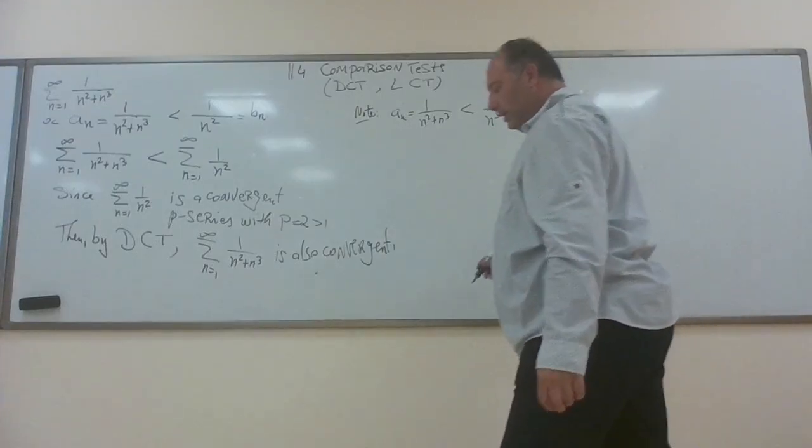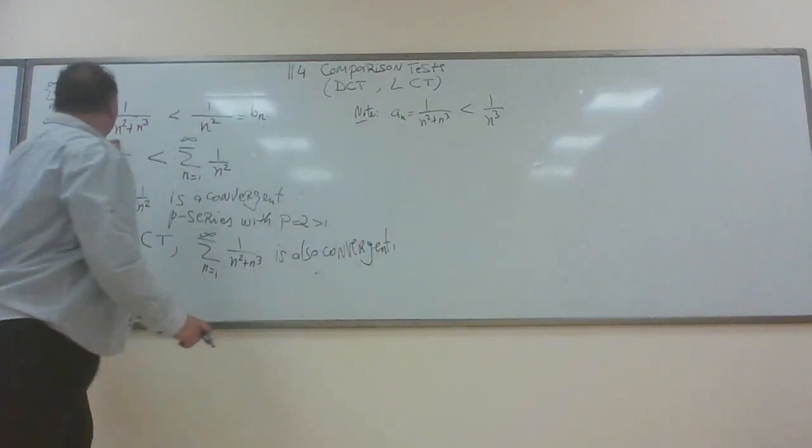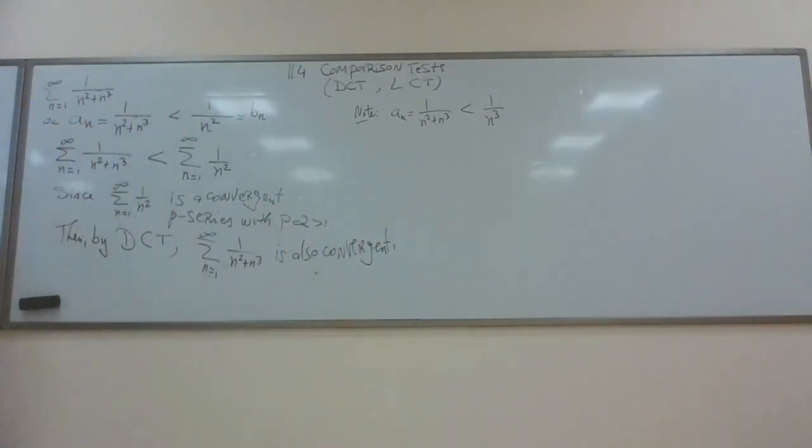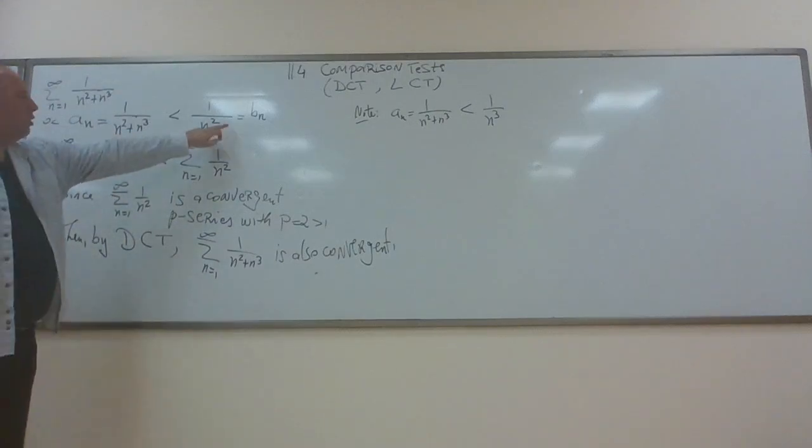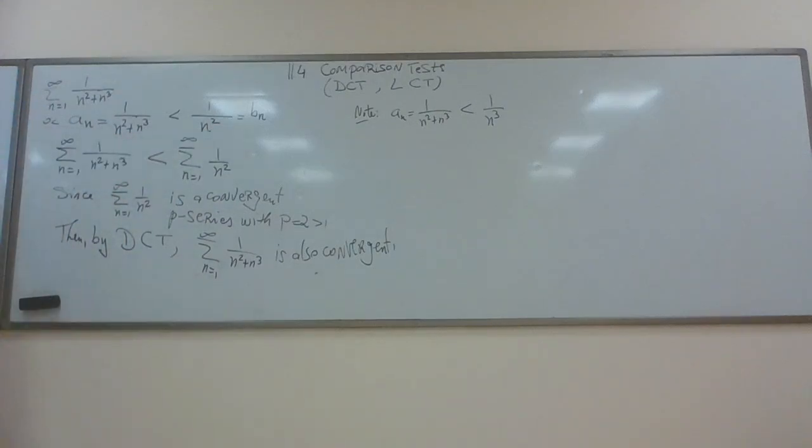So in this case, we have a choice between picking one or the other of these two expressions in the denominator to create our comparison series. In both cases, we would get convergent, so it doesn't matter really which one we pick in this particular case.